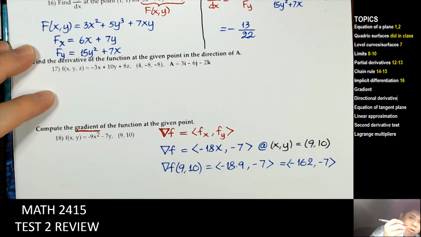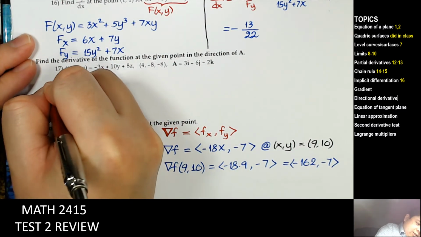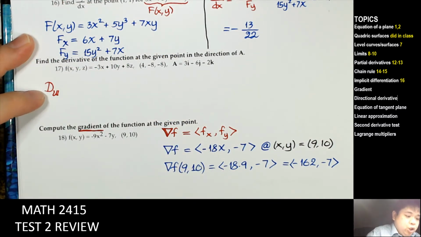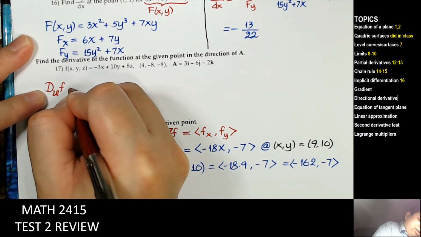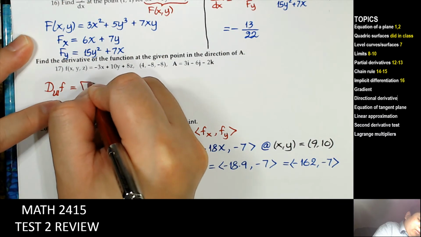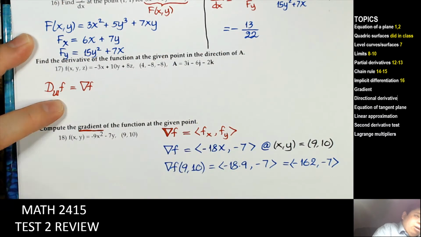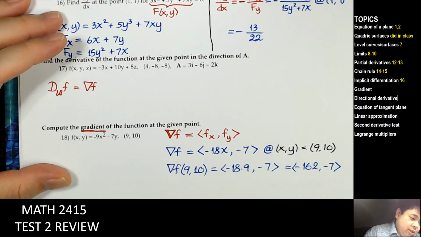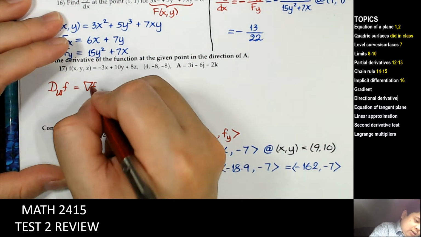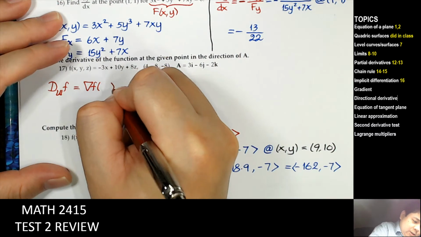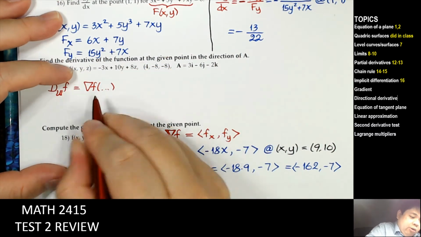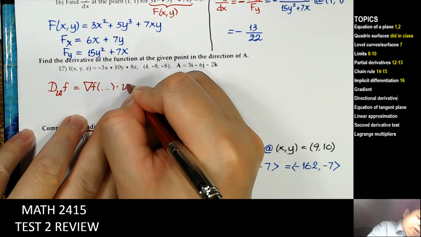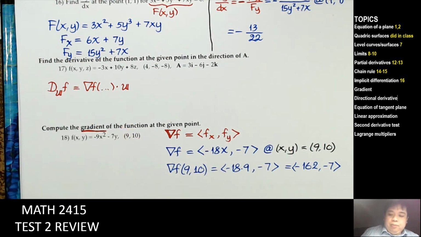Directional derivative is not a vector, even though it says directional. So the directional derivative in the direction of the unit vector u of the function f is equal to the gradient at the point, the function at that point or some point, dotted with the unit vector.